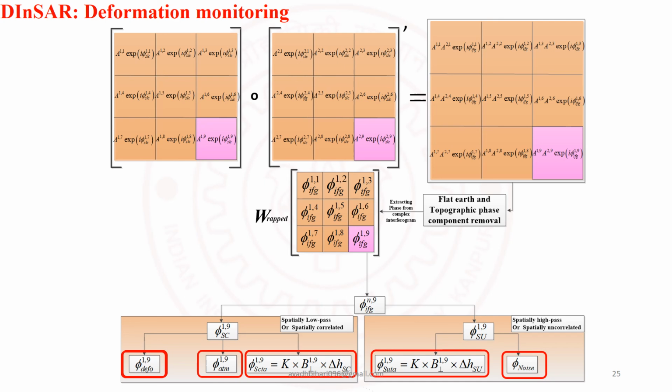So by low pass filtering, we can separate noise and SUTE, the spatially uncorrelated topographic error. But still the atmospheric phase component and the spatially correlated topographic phase component are present along with deformation, and this is the limitation of D-InSAR.